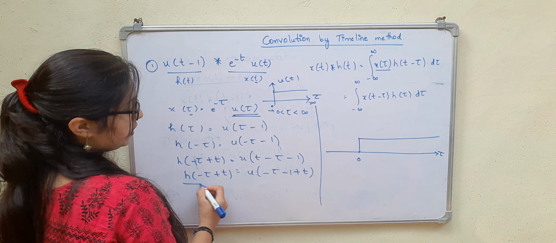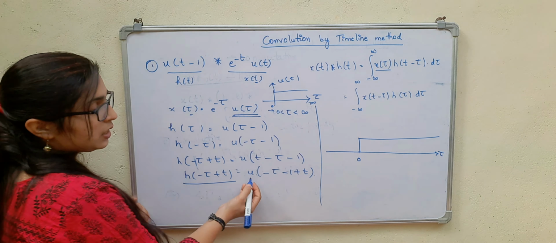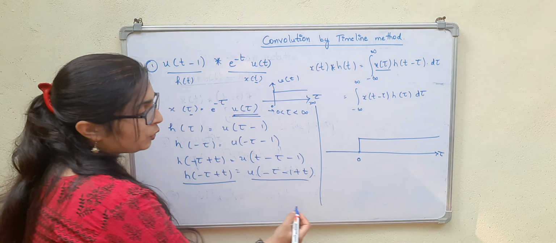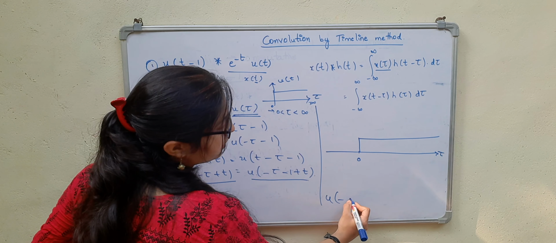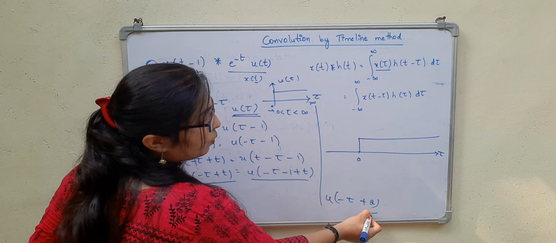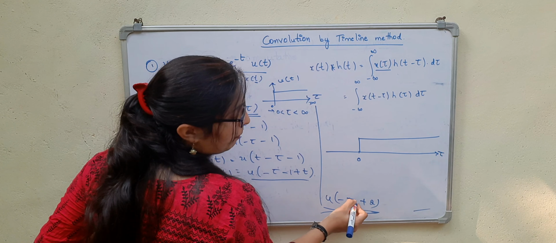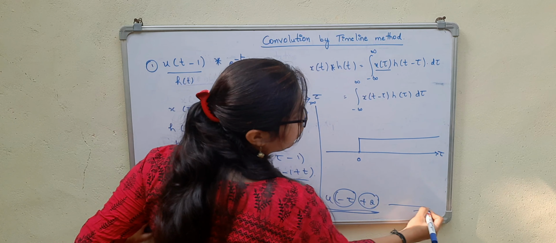Next is h of minus tau plus t, which is u of minus tau minus 1 plus t. You know u of minus tau plus 2. So what will this be on the time axis? It will be from minus infinity till 2.